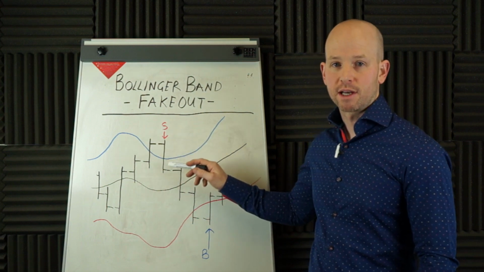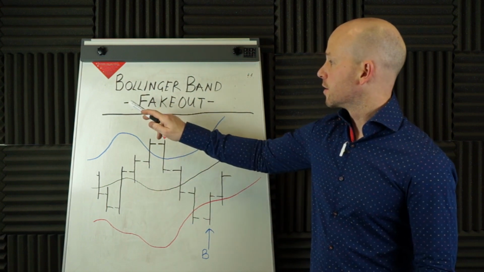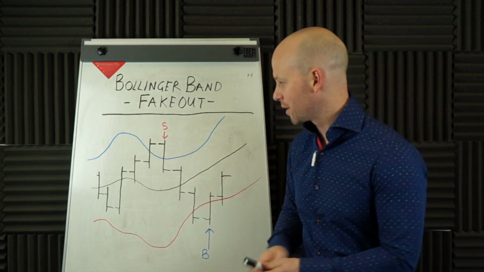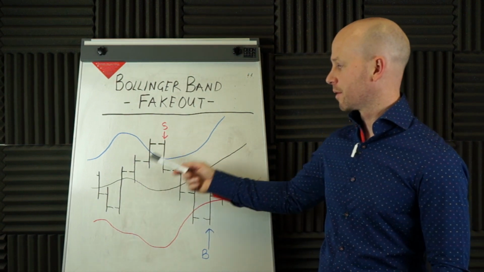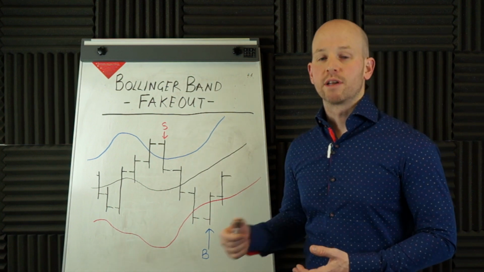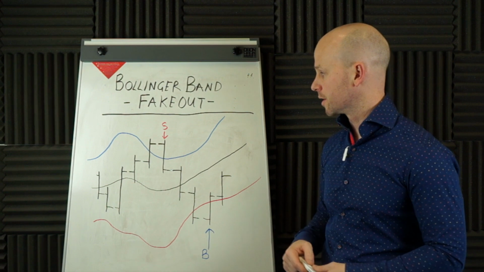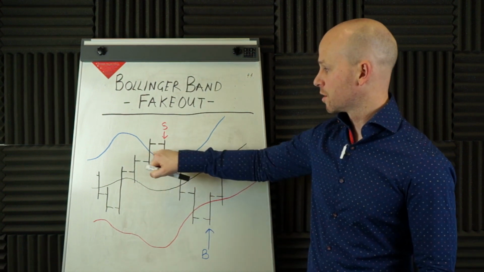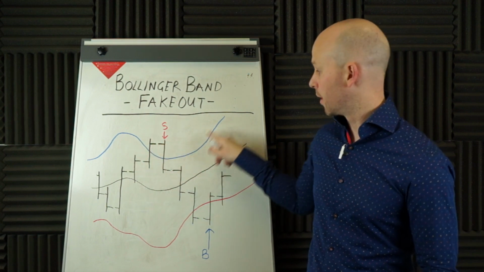For a short sell setup, I like to call it the Bollinger Band fake-out strategy, because what we can see here is the bars moving up into strength, and you might think that there's a bull trend underway, prices are increasing. And the first thing we look for is a close that is above the upper Bollinger Band.